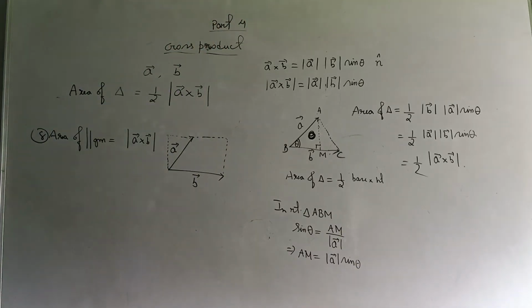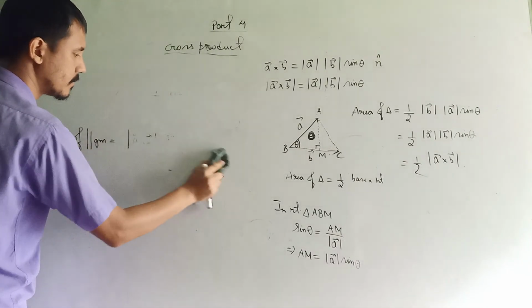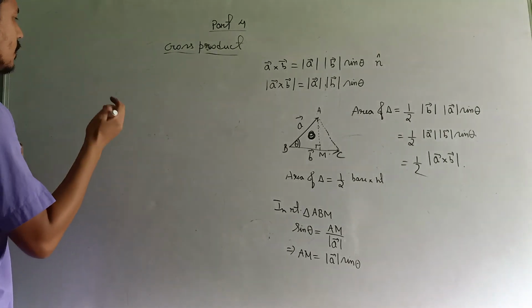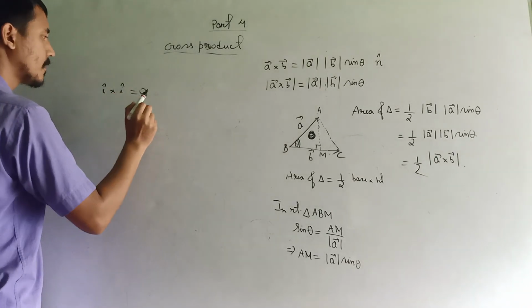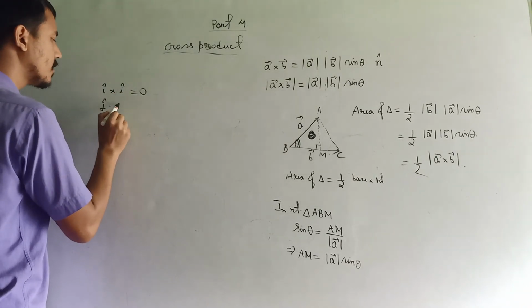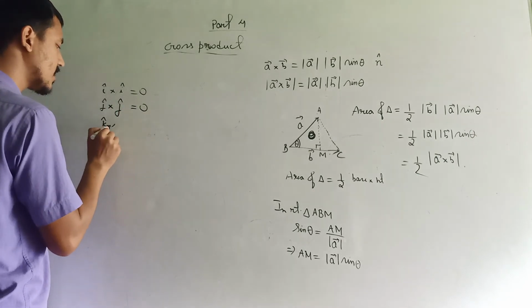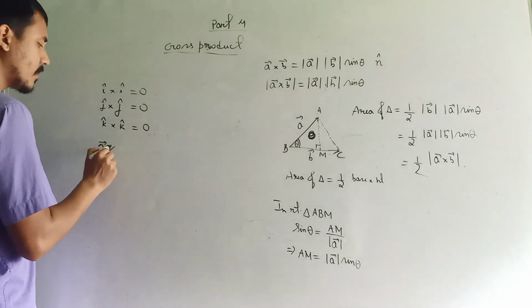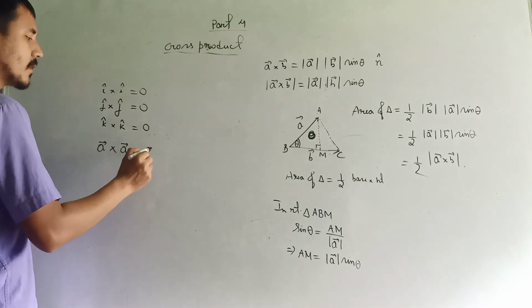So we have 8 derived results till now. Now there are 2 more important things that you need to know. Since we have already seen that I cross I is 0, J cross J is also 0, K cross K is also 0, that means if A is any vector, then A cross A is also 0.